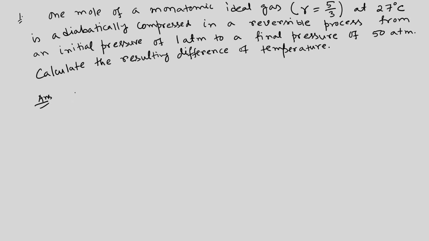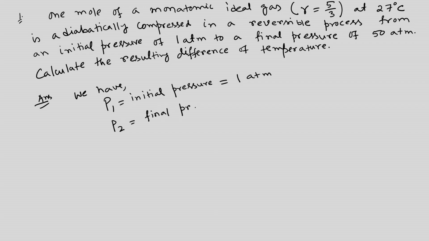So, we have P1 is the initial pressure and the value of initial pressure is 1 atmosphere. P2 is the final pressure and the value of P2 is 50 atmosphere.